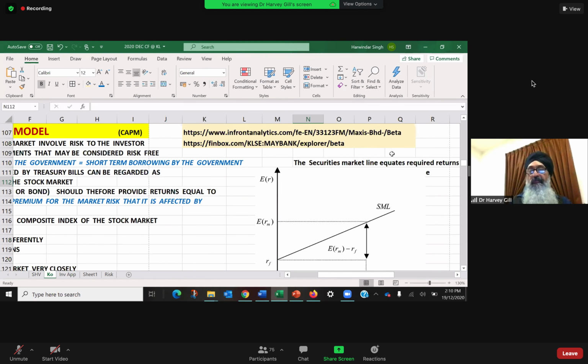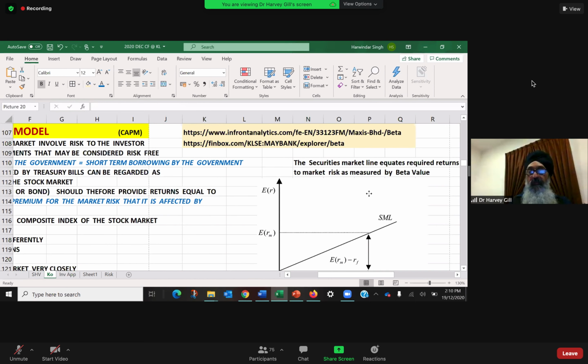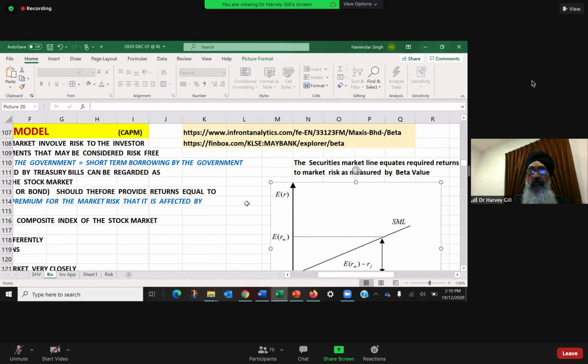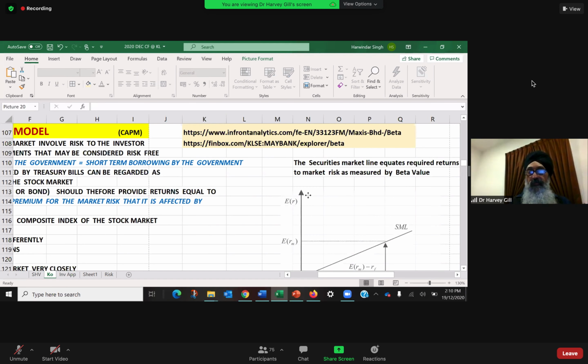That's what it does. It equates required returns to market risk as measured by beta value.